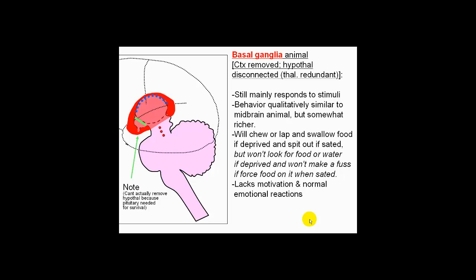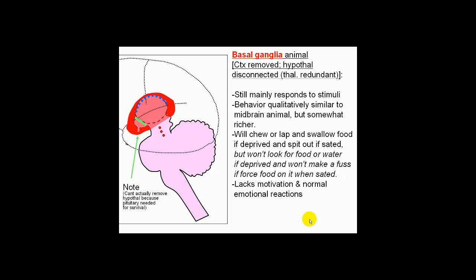Now, the way these animals are actually produced is a little more complicated. We don't want the hypothalamus in this preparation, but we can't remove the hypothalamus because it'll kill the animal. So what we do instead is we sever the hypothalamus from the rest of the brain, but the hypothalamus is still there and able to secrete the various hormones and things that it normally secretes into the blood system.